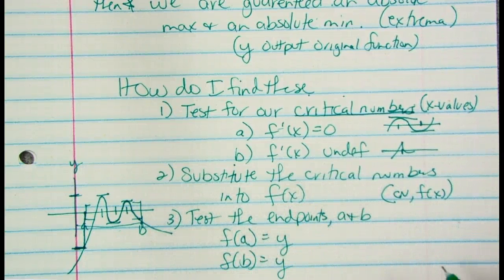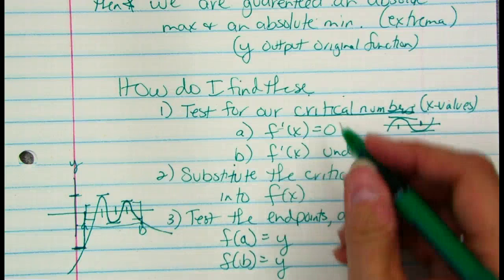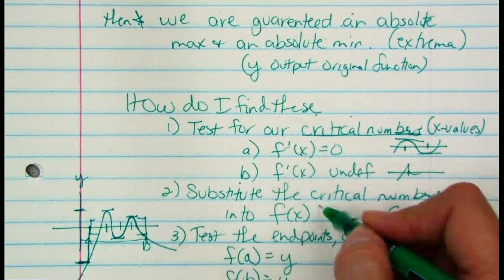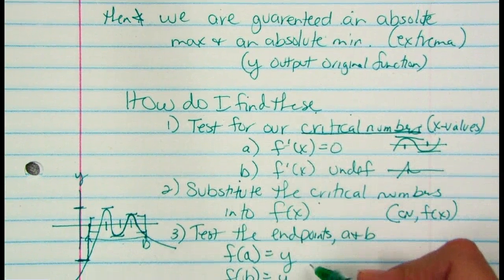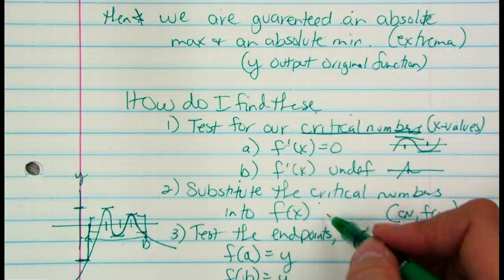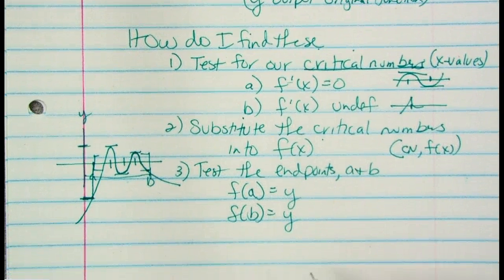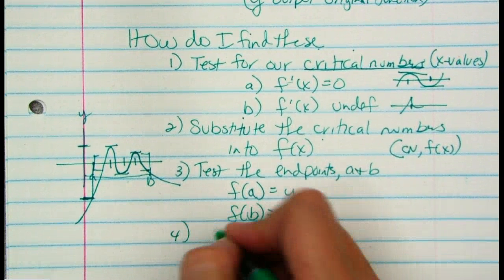I have to test those. And so out of all of these tests, what y's from here and from here are the lowest? That's the absolute min. What y is the biggest number? My absolute max. So I'll try to say that here.